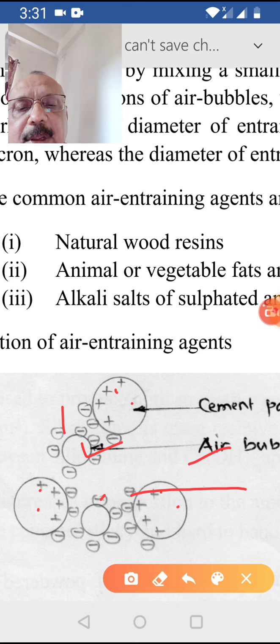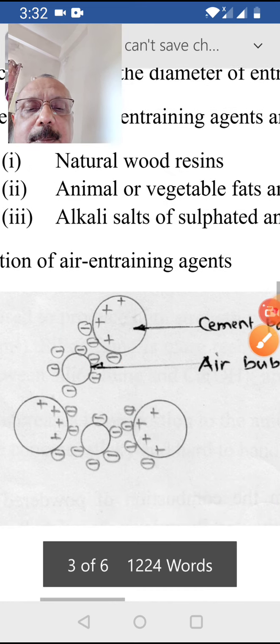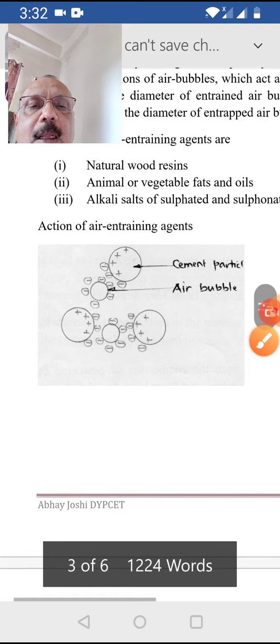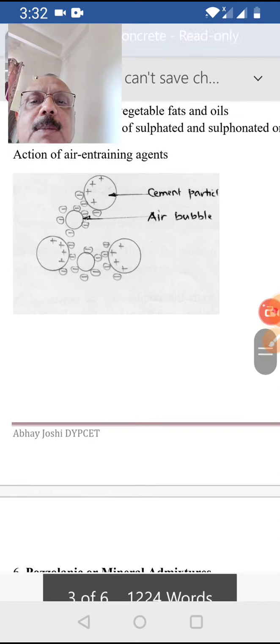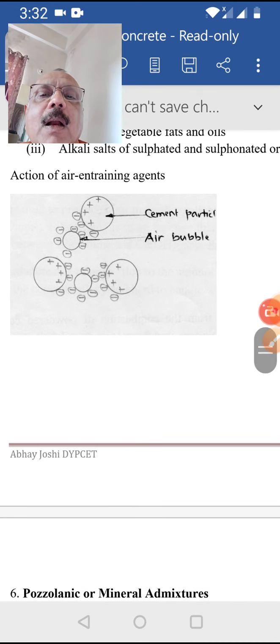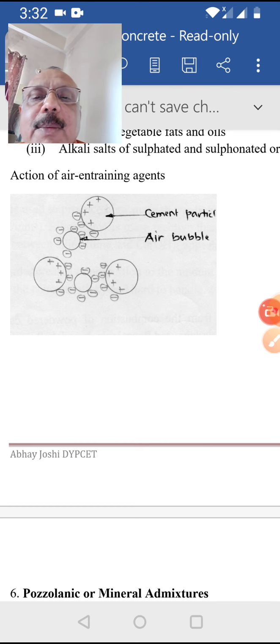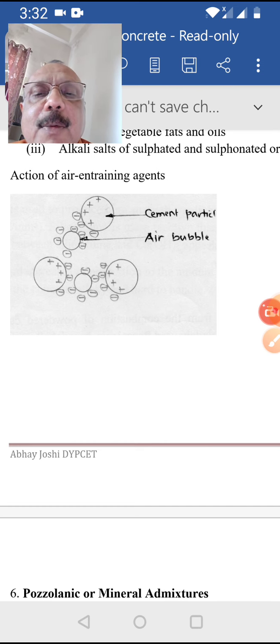You can see here negative charge. So again, due to that negative charge, there will be repulsion of all these cement particles, and they will be prevented from coming close together, and they will remain in suspension or in dispersed condition, as we have seen in case of plasticizer or super plasticizer.